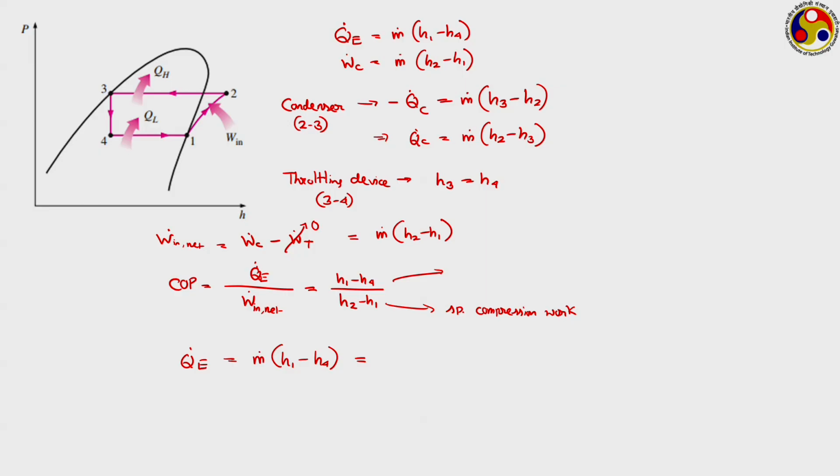So, we can also write m dot as the total volume by specific volume at any particular state point. If we write this as V1 into H1 minus H4 by specific volume at state point 1, then this bracketed quantity is sometimes called the volume refrigeration effect.